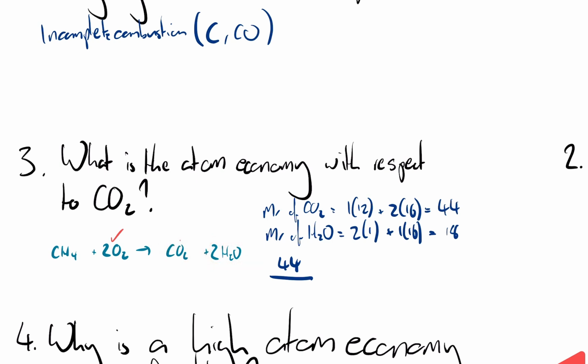This is the one case where we are going to look at the big numbers when we're talking about our MRs. So there we've got 44 plus 2 lots of 18, getting us to 44 over 80, but we need to times that by 100, of course, getting us to 55%.